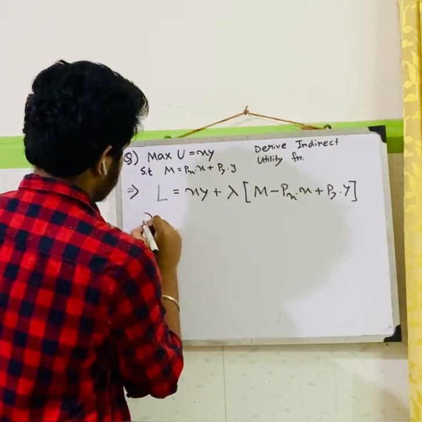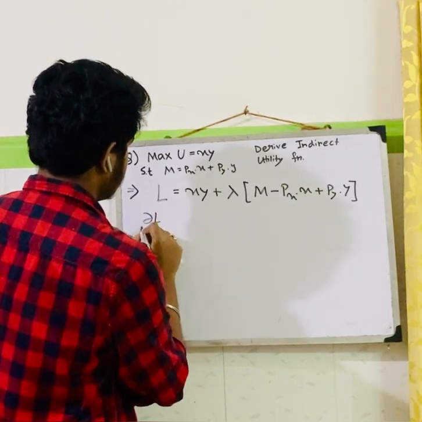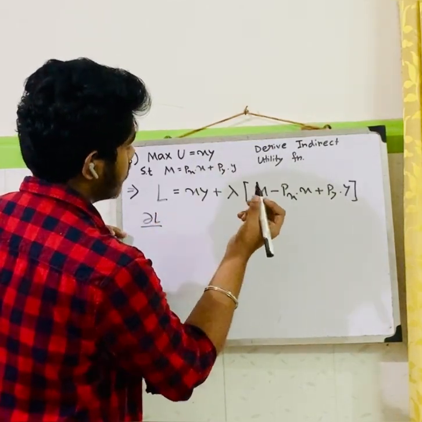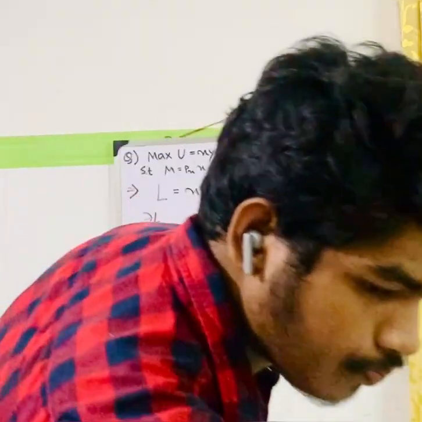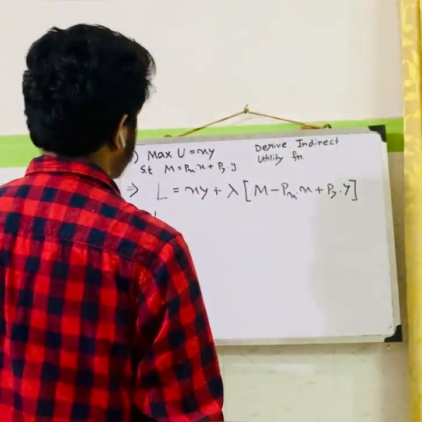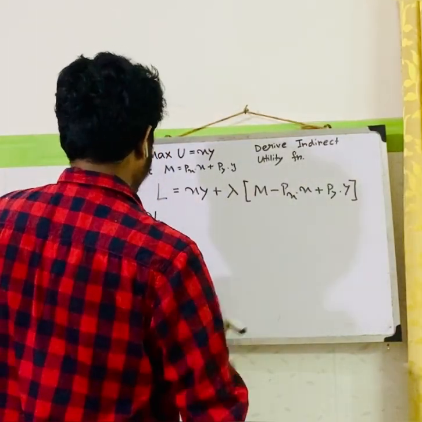Then we'll do partial differentiation with respect to x, y and lambda, and we'll try to solve for our Marshallian demand of x and y.